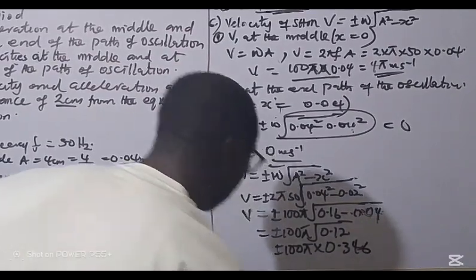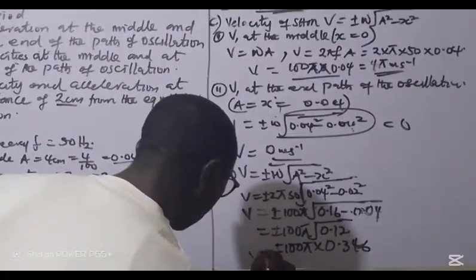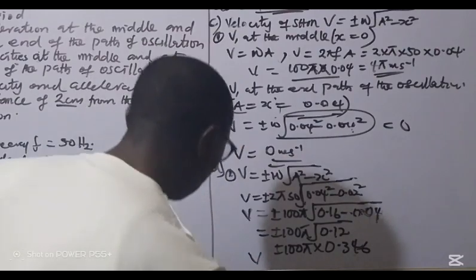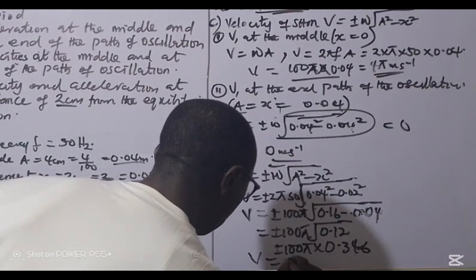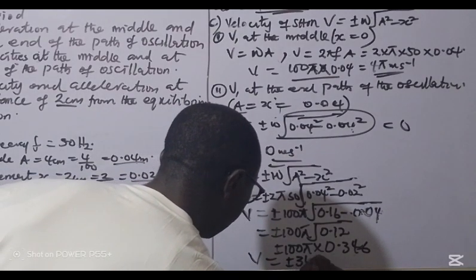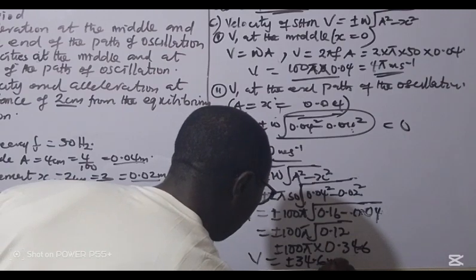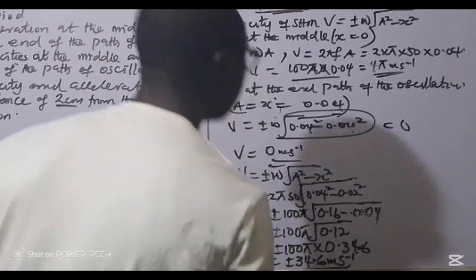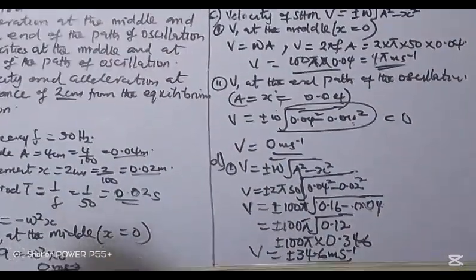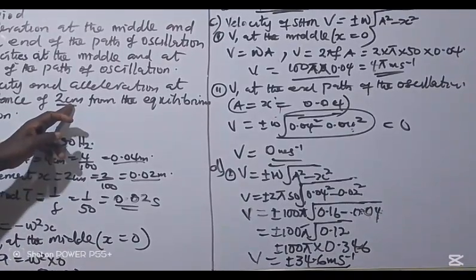V now will be equal to plus or minus 34.6 meter per second. That is when the displacement is 2 centimeters from equilibrium position.